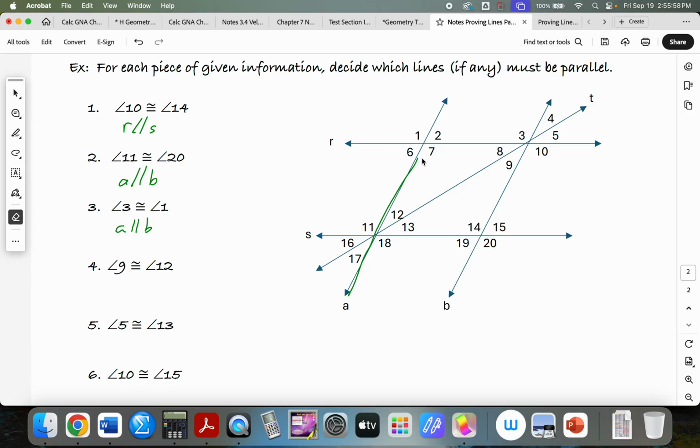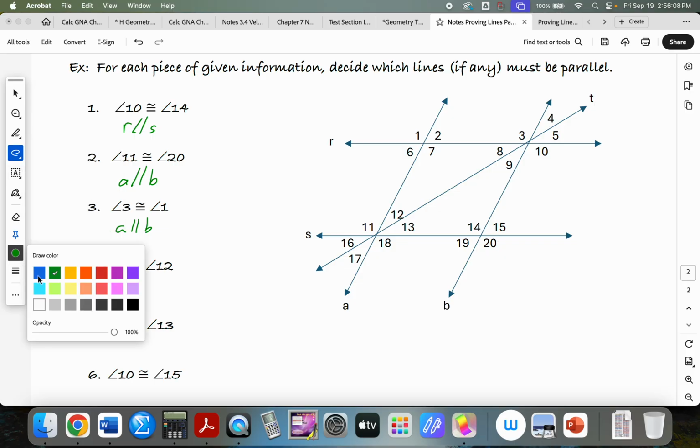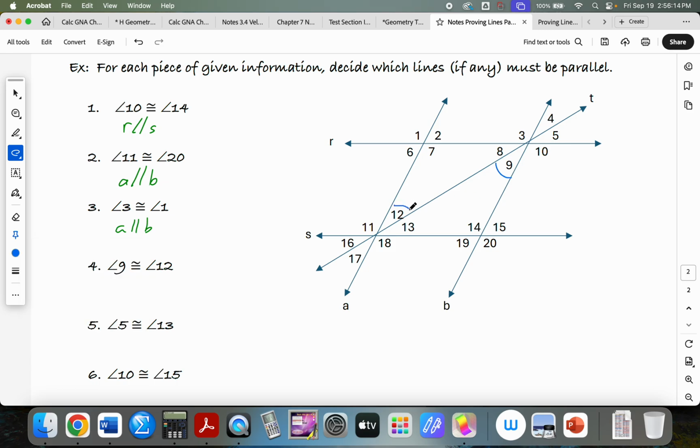All right, the next one, angle 9 is congruent to angle 12. So angle 9, which is right here, is congruent to angle 12. So first, you got to know what kind of angles these are.